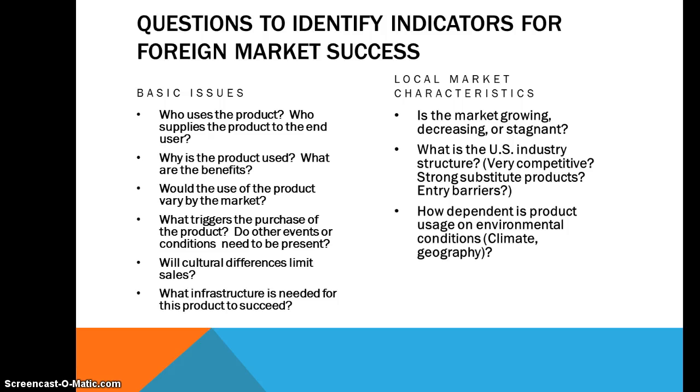So for our next group analysis, we'll take a look at the questions to identify indicators for foreign market success. And I would encourage you to take a look at page 41 of your text for examples of each one of these to drill down a little bit further.